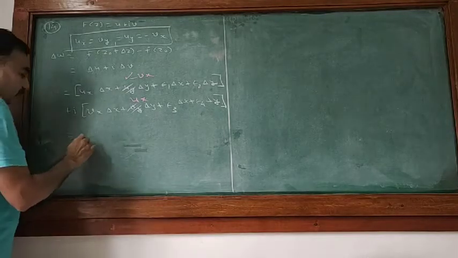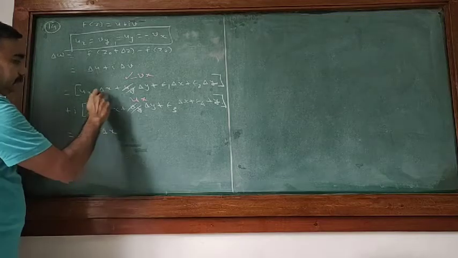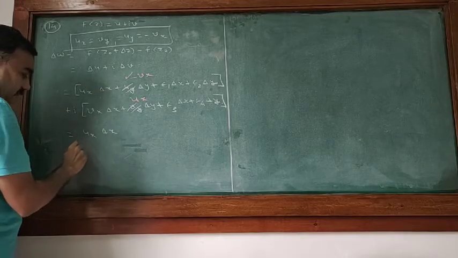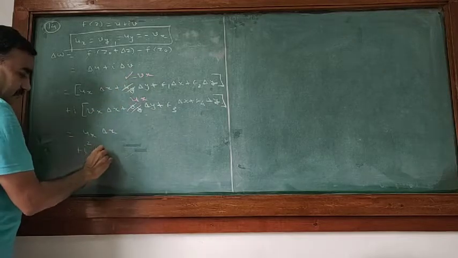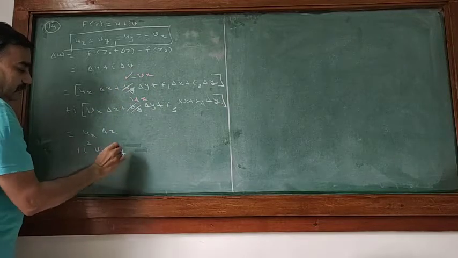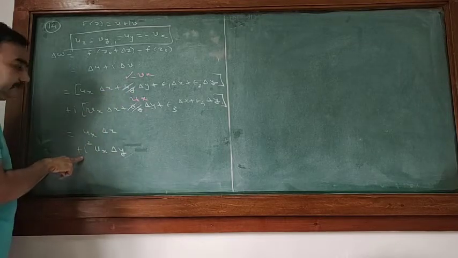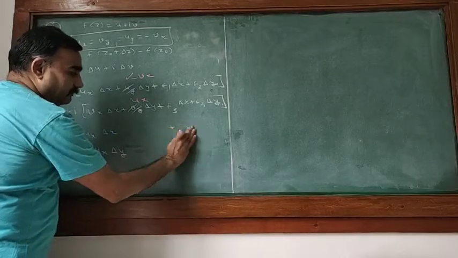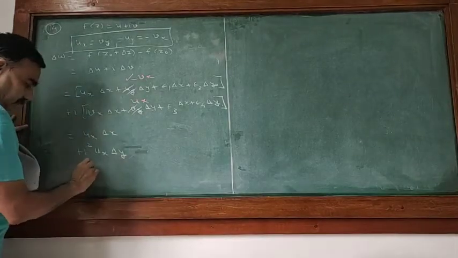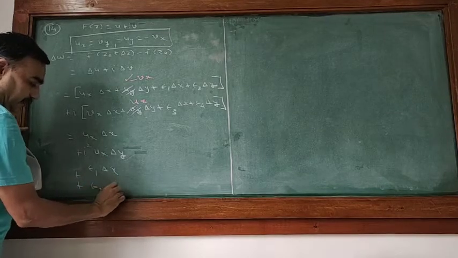So this is equal to ux delta x plus i squared, minus 1 is i squared, plus epsilon 1 delta x plus epsilon 2 delta y.